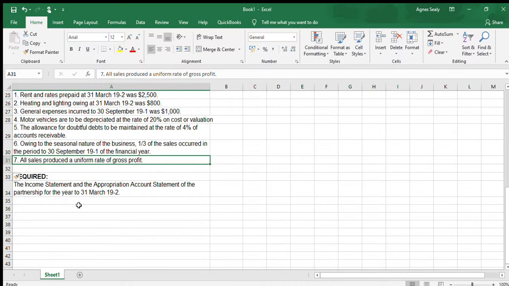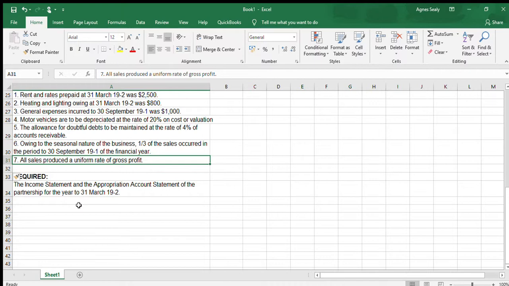The financial year of this partnership starts on the 1st of April 19-1 and ends on the 31st of March 19-2. So that's the financial year for this business.